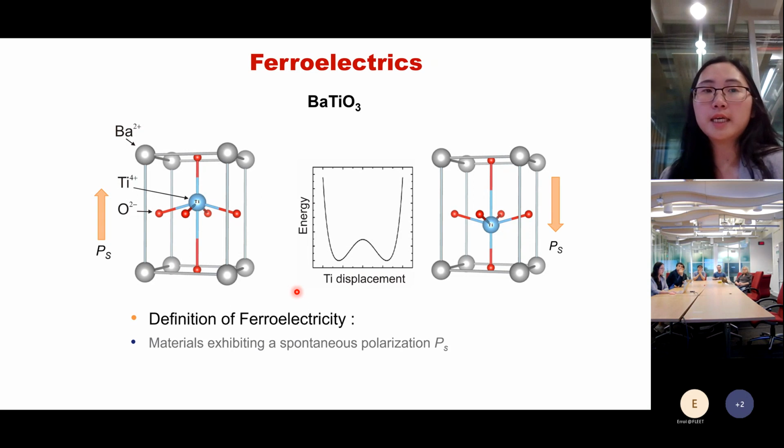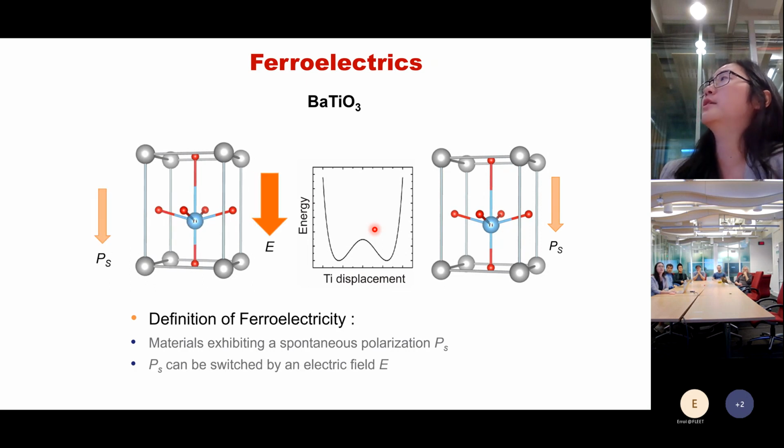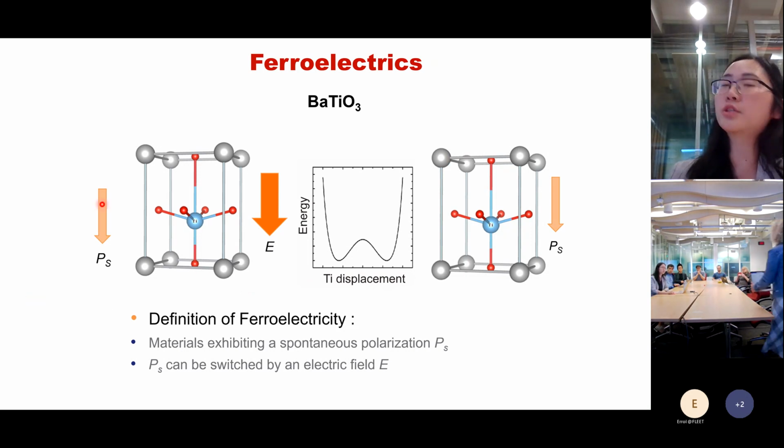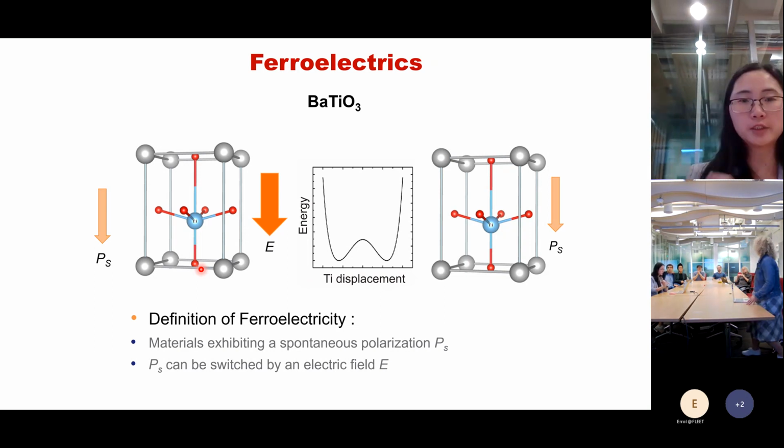And at this position it shows the lowest energy, so it can stabilize there. This spontaneous polarization can be switched under an external electric field, from this low energy position to the other one, and both give spontaneous polarization. So these two show two different spontaneous polarization directions.